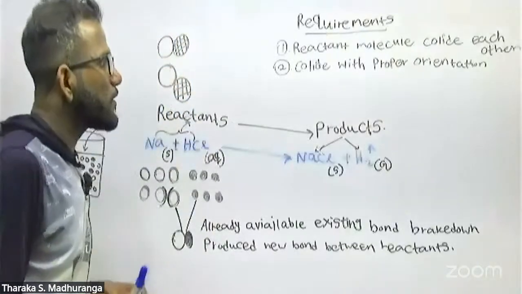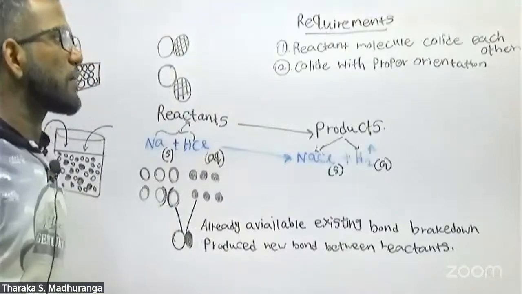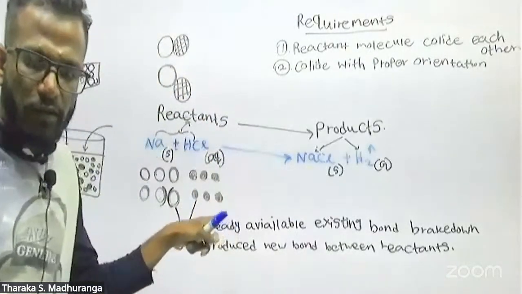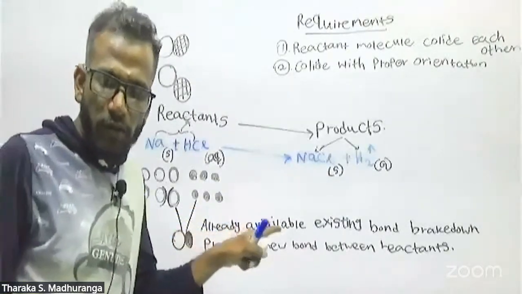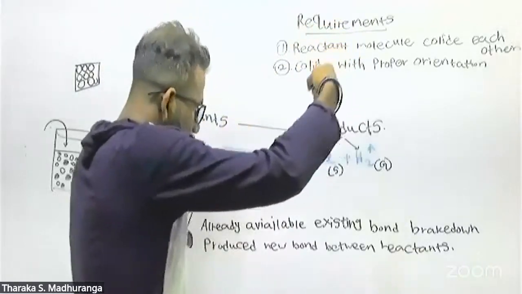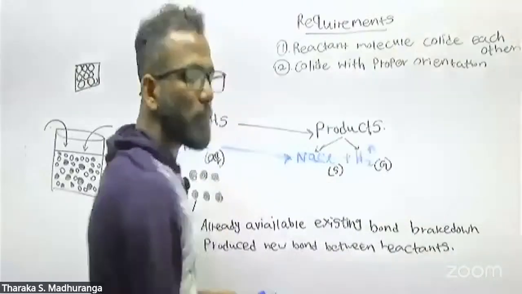Okay, third one. What is the first one? To break down already available bonds, the reactant molecules should collide with each other. The second one is to collide with proper orientation.